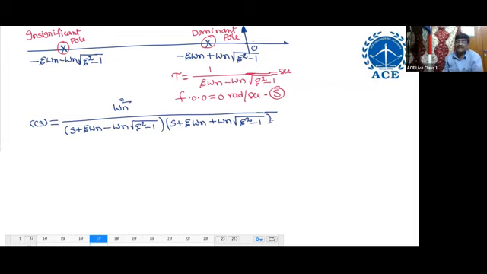This is the C of s. This is a dominant pole. This is like some constant by (s plus 1) into (s plus 10).